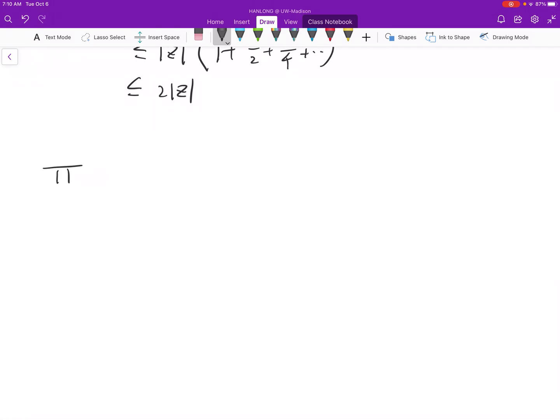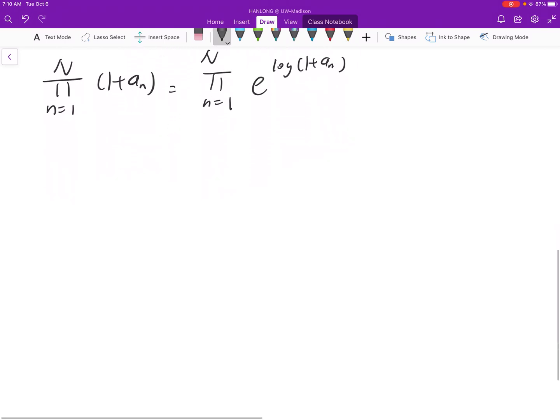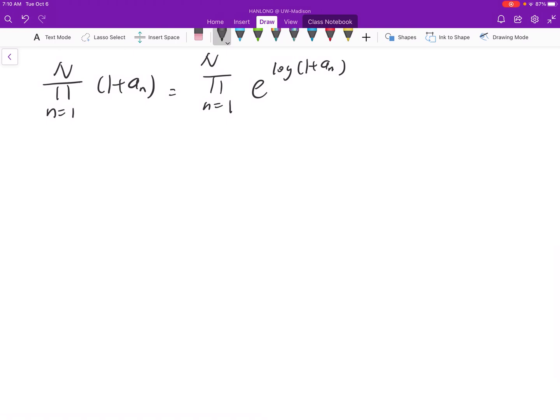Then let's look at the partial product. This will be the exponential of the sum of log 1 plus an. Let's look at its tail.